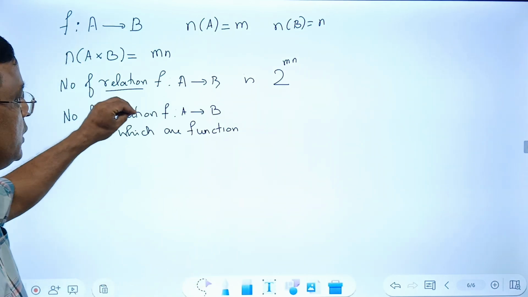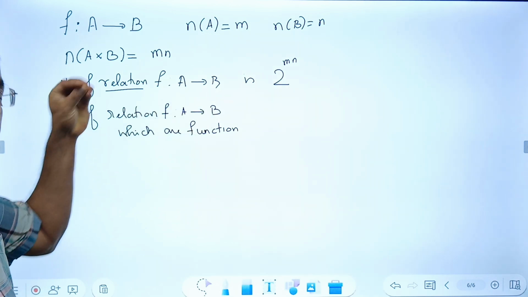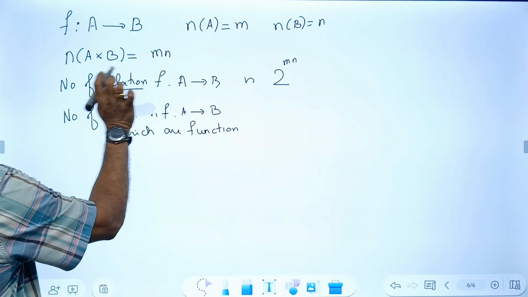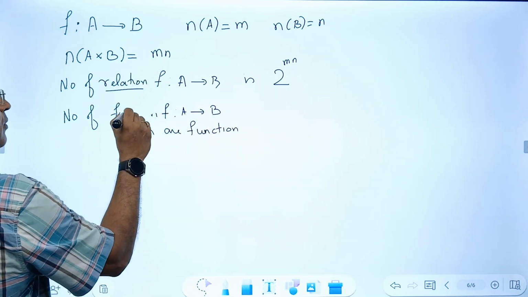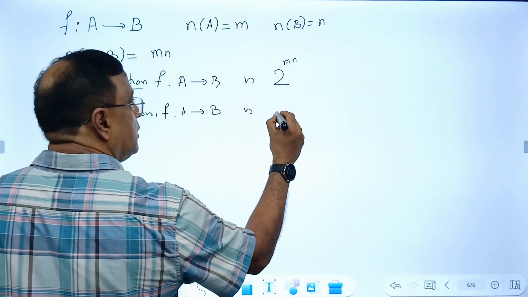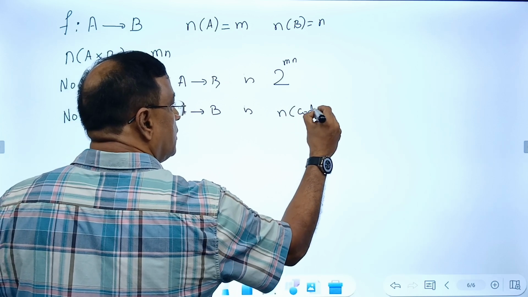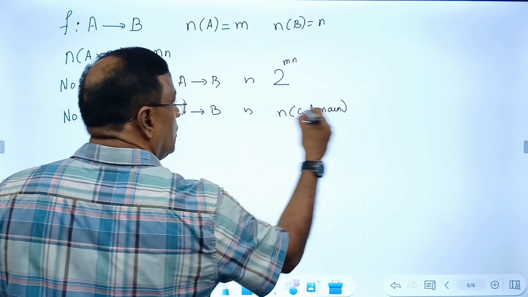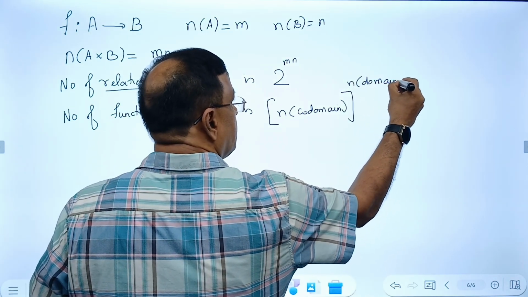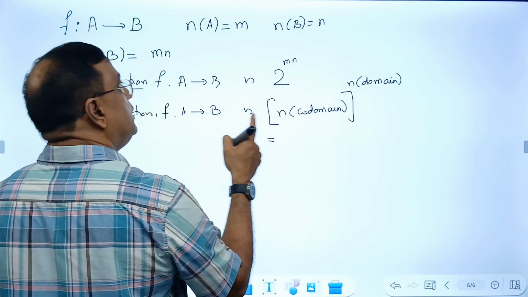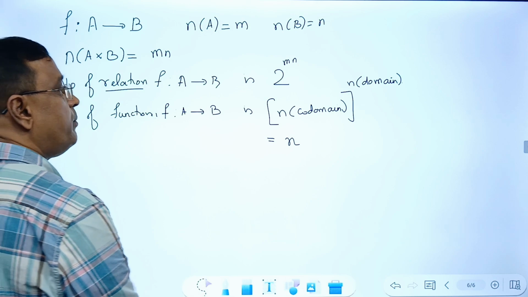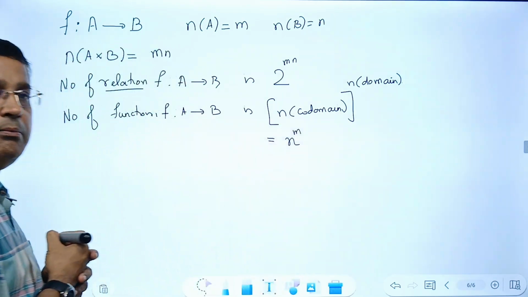So this is basically the number of functions f from A to B. The formula is number of elements in the codomain whole raised to the power of number of elements in the domain. I want you to remember it like this. Here the codomain has n elements and the domain has m elements. So it is n power m.